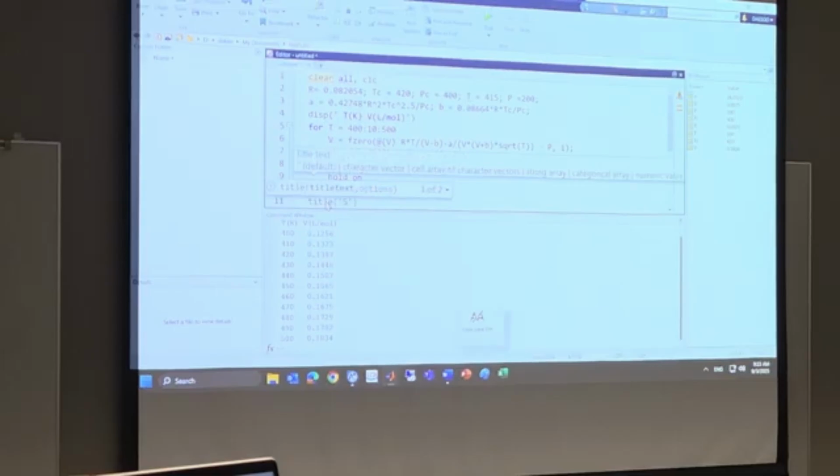We are looking for specific volume, which is one good thing. Unit is meter per mole versus temperature. Okay. Can I make the font size bigger?